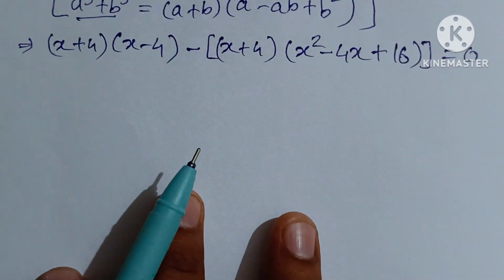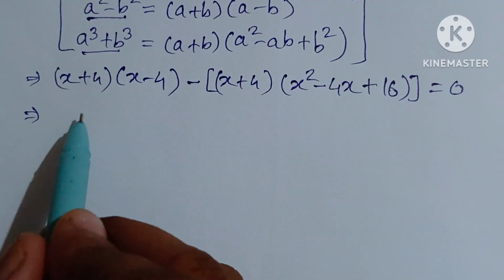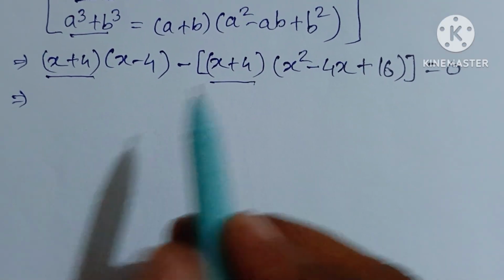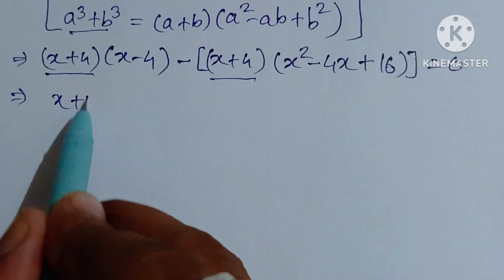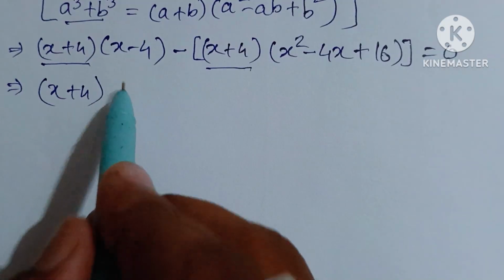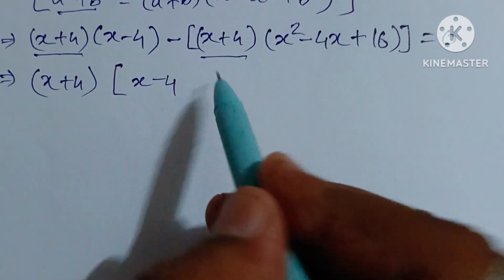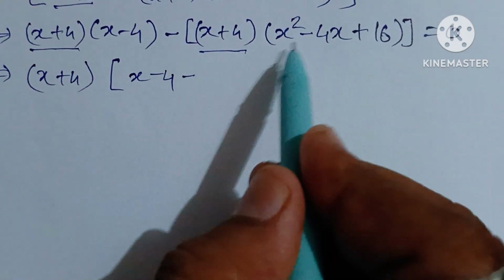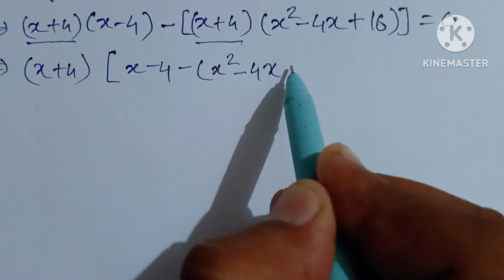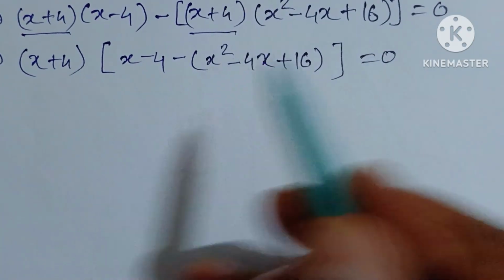Now we take x plus 4 common from both terms. So if we take x plus 4 common, here remains x minus 4 minus x square minus 4x plus 16 equal to 0.